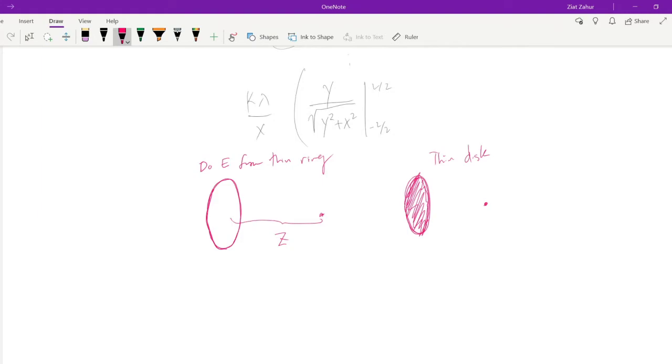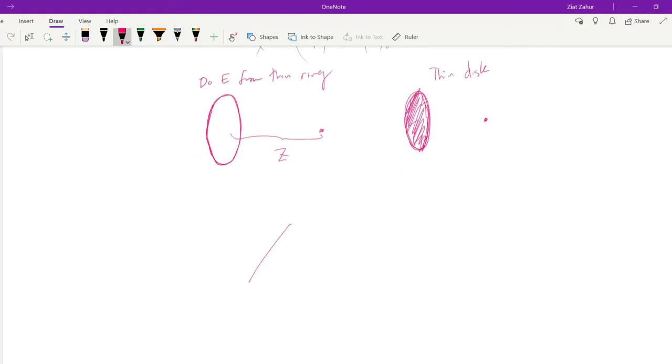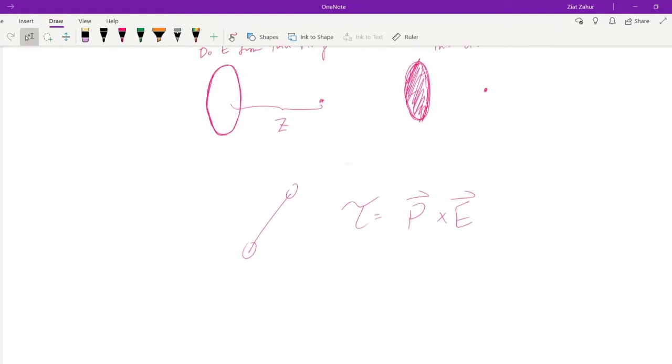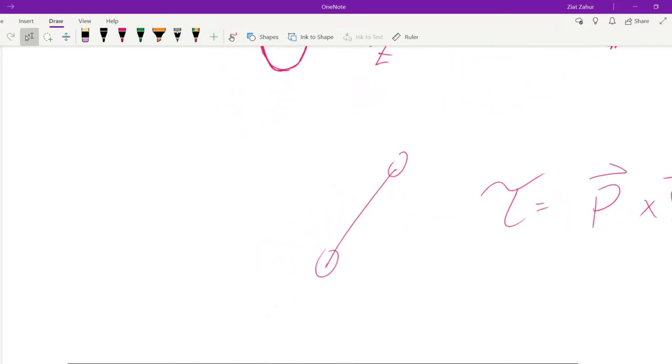Yeah, so there's a little torque equation, right? Dipole moment cross E. For dipoles, torque is equal to the dipole moment cross the electric field. And just remember, the dipole moment in physics is in the opposite direction to how you learned it in chemistry for some strange reason.